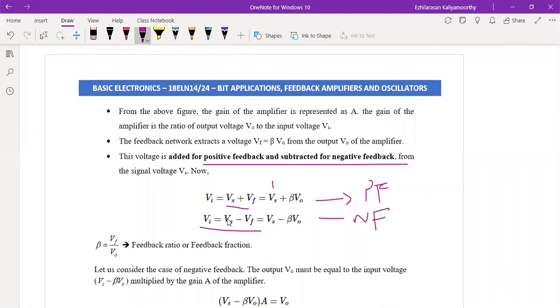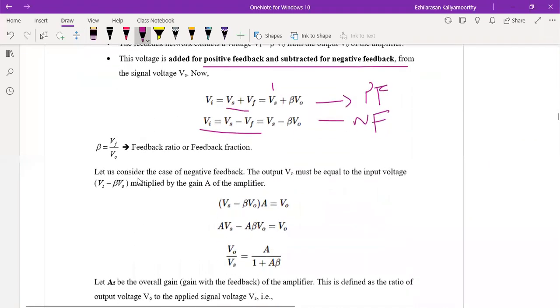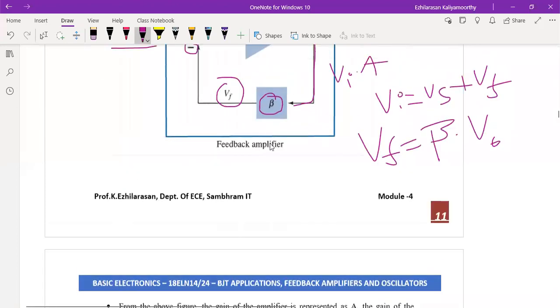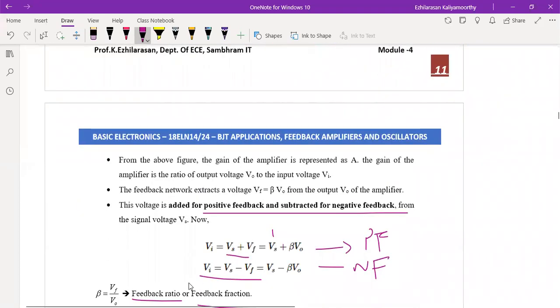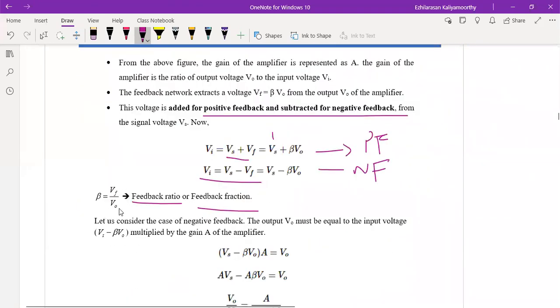Normally, beta is the feedback ratio or feedback fraction. Remember, for beta this is the input and this is the output, but for A this is the input and this is the output. Don't get confused. So beta is equal to Vf by V naught.